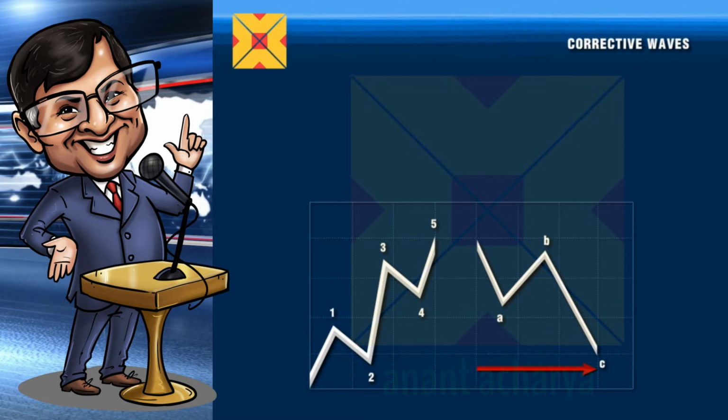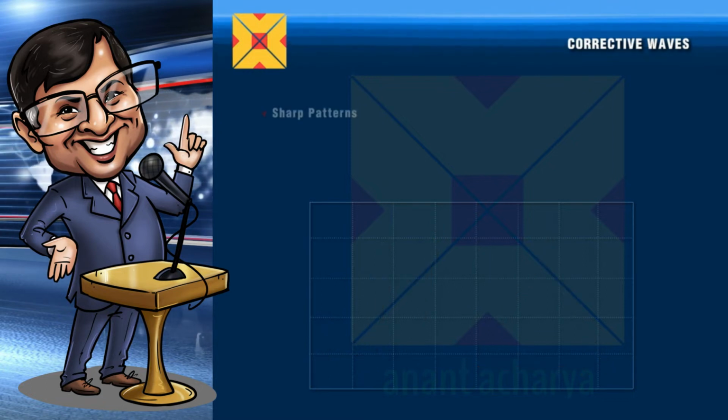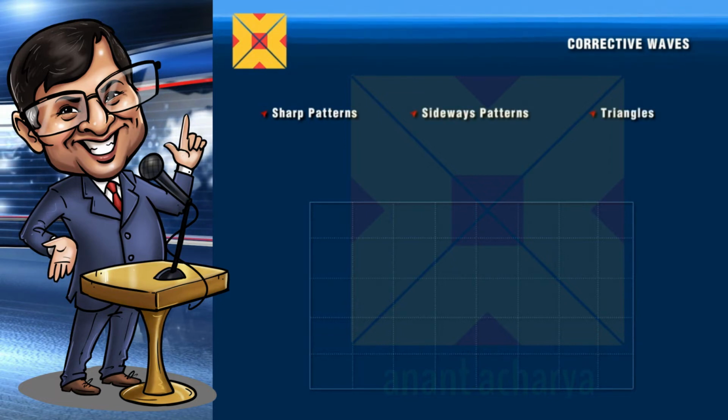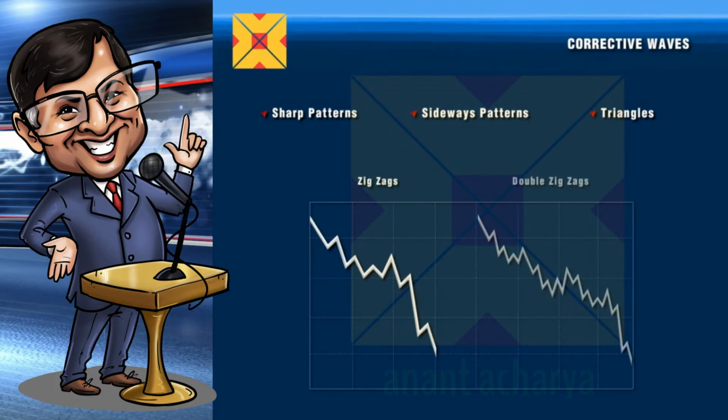Numerous variations exist within the corrective patterns, but we can broadly divide them into three classes: sharp patterns, sideways patterns, and triangles. In sharp patterns, named zigzags and double zigzags, we see a swift retracement of the markets.